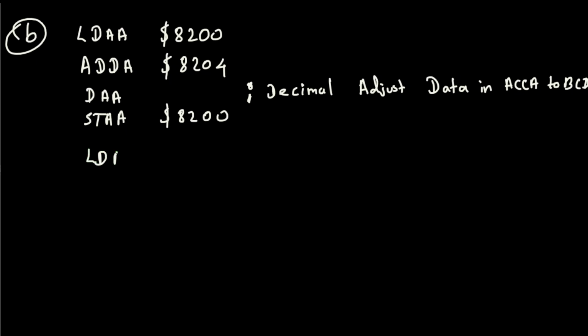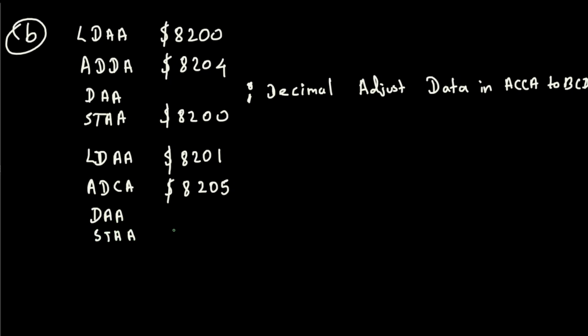Now the second part is LDAA 8201, and then ADD. Now we are going to deal with the carry. The first one we can add directly, but the second one we are going to deal with the carry. So ADCA 8205, here it's 4 to 5, and then after the addition process we use decimal adjust accumulator A, STA, and then the next digit is 8201.